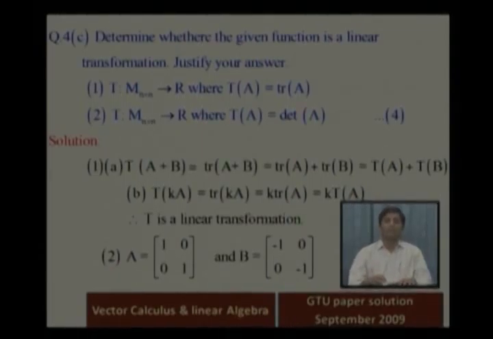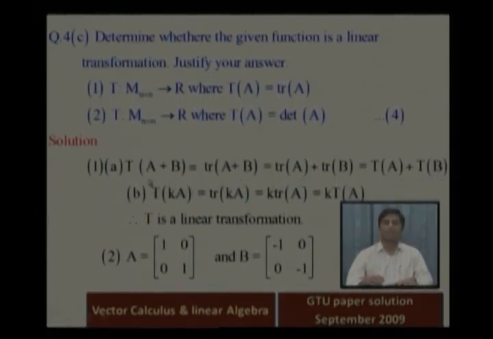Okay. So to prove the first one, you can see T of A plus B is equal to trace of A plus B, that is equal to trace of A plus trace of B. Okay, because it's quite easy to check that the trace of A plus B is equal to trace of A plus trace of B. In fact, this is a property of the function trace, and that is equal to T of A plus T of B, right?